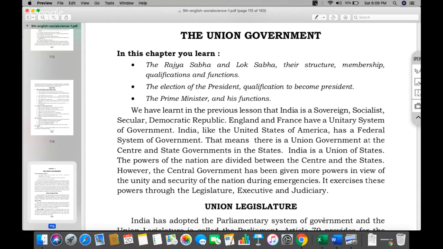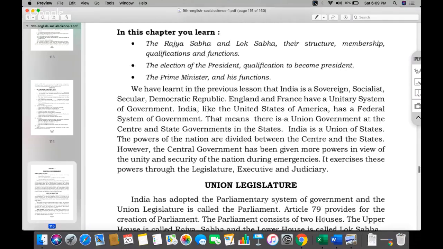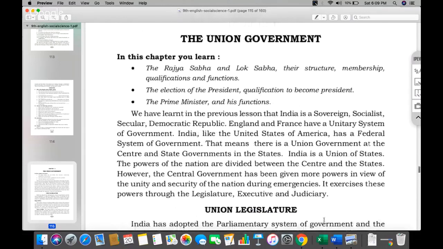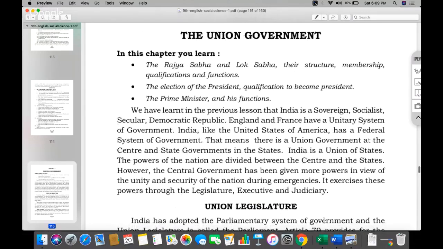So in this chapter, chapter 2 of grade 9 Karnataka board syllabus, we have union government. Union government has different constituents.